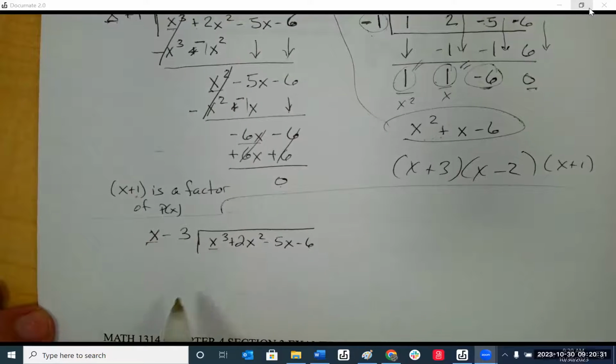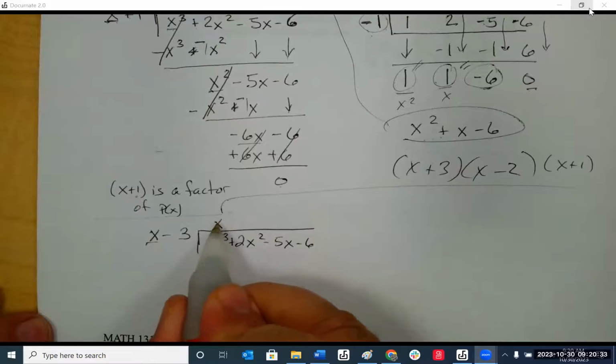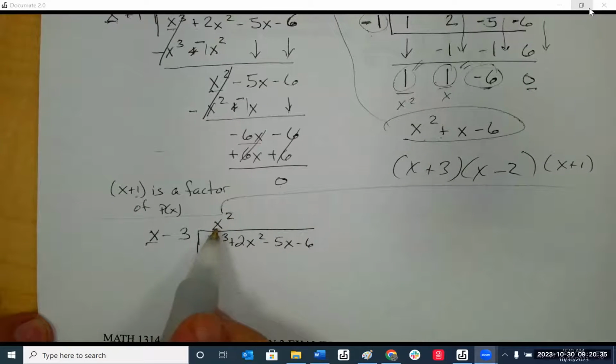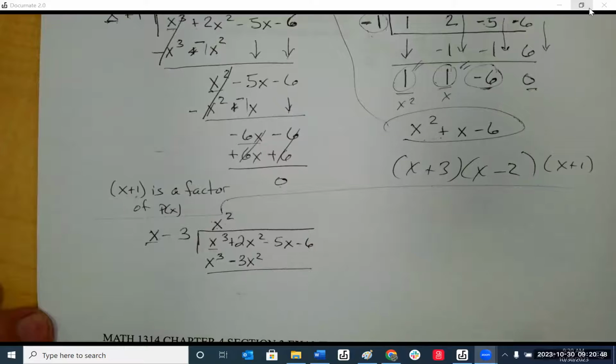What times x gives me x cubed? X squared. X squared times x is x cubed. Positive times negative is negative. X squared times 3 is 3x squared. Change the signs and add.